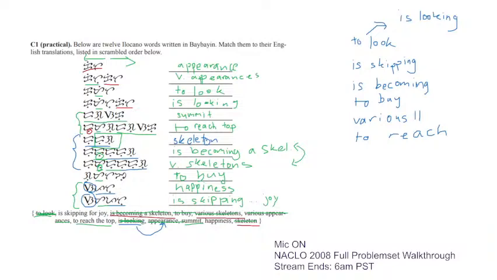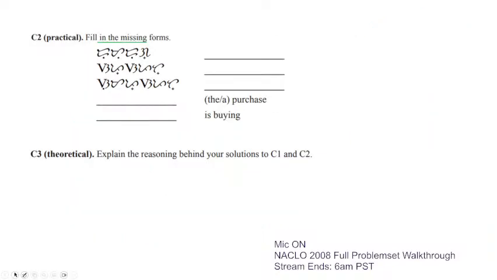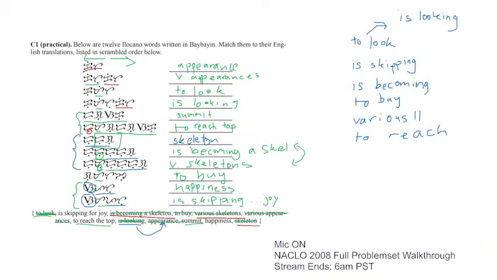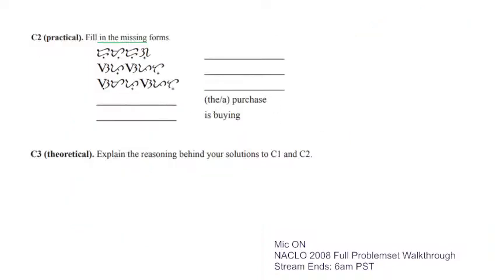Okay, so since we have about 20 minutes left, now let's try and finish this. I was gonna think we just do another easier problem that I walked through, but let's try and finish this problem and then fill in the missing forms.